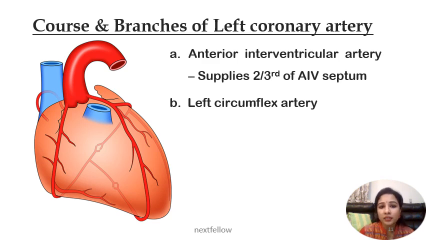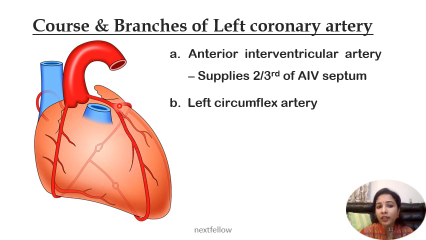So let's see its branches. It has a shorter course, and we can see it divides into the anterior interventricular artery and the left circumflex artery. This is the left circumflex artery, which winds round going to the left, and here is the anterior interventricular artery. The anterior interventricular artery, also called the anterior descending artery or left anterior descending artery, runs between the two ventricles anteriorly and supplies 2/3 of the interventricular septum, the anterior part.